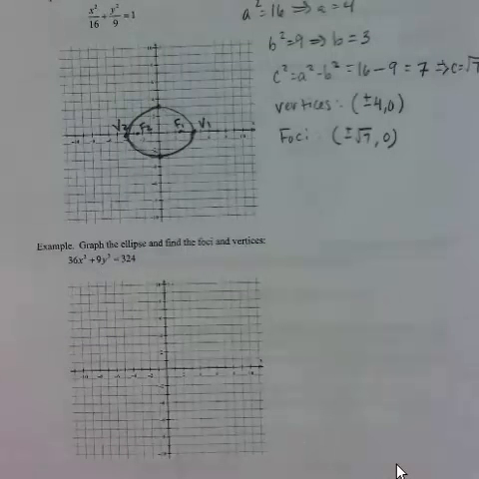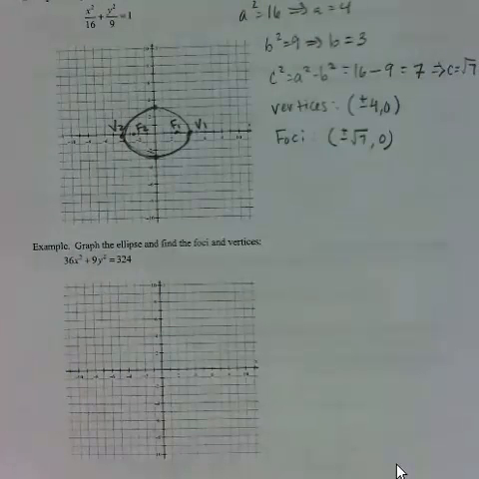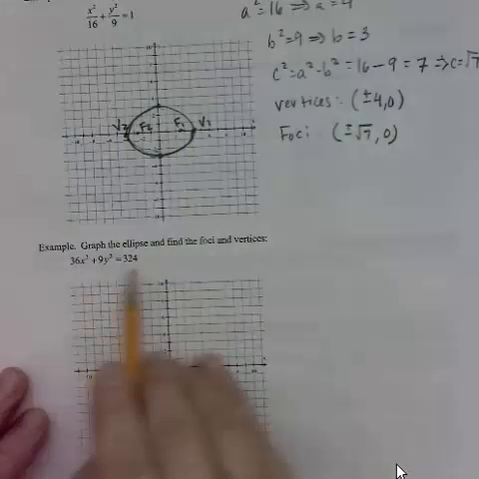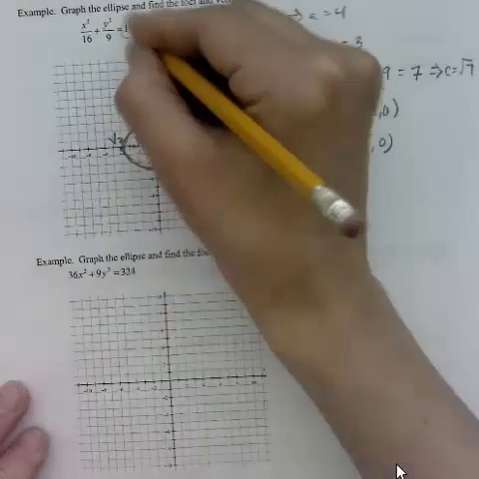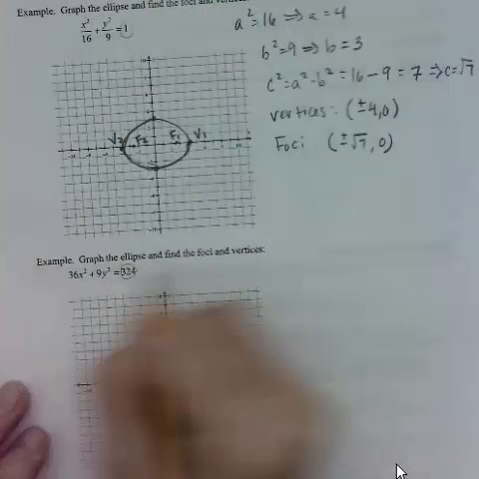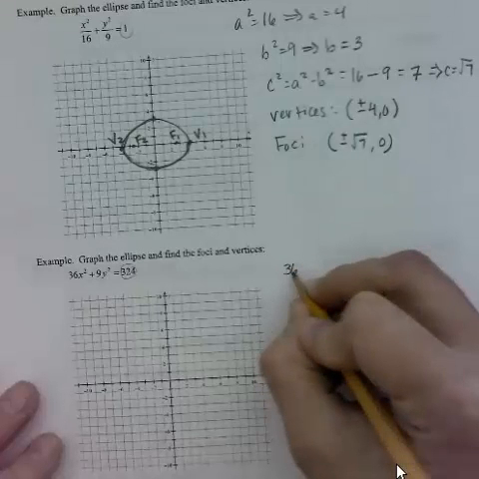Okay, so this one was already in standard form. It's really easy just to pick everything out. Now, if it's not in standard form like this one, what you always want is to get this 1 here, so you take this number and divide everything by that number. So divide both sides by 324.